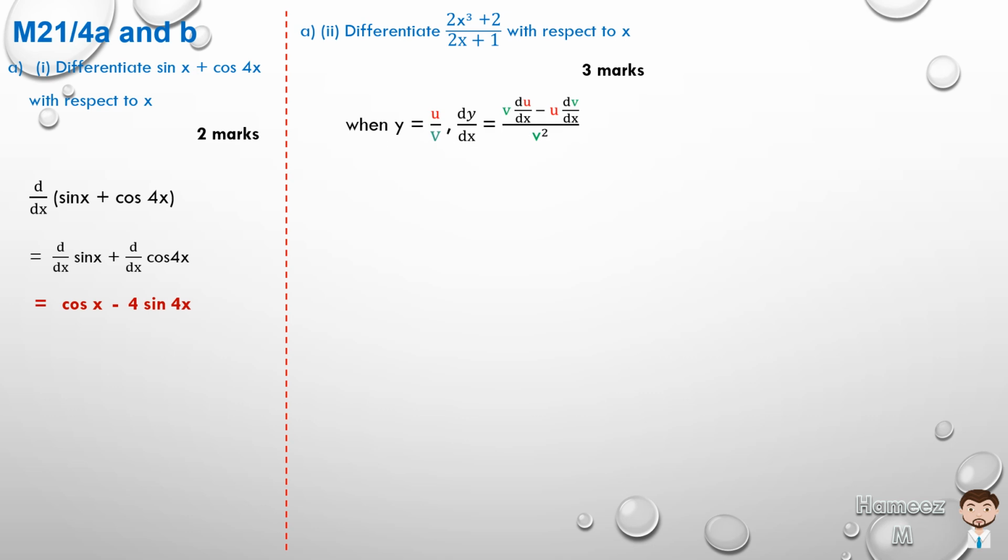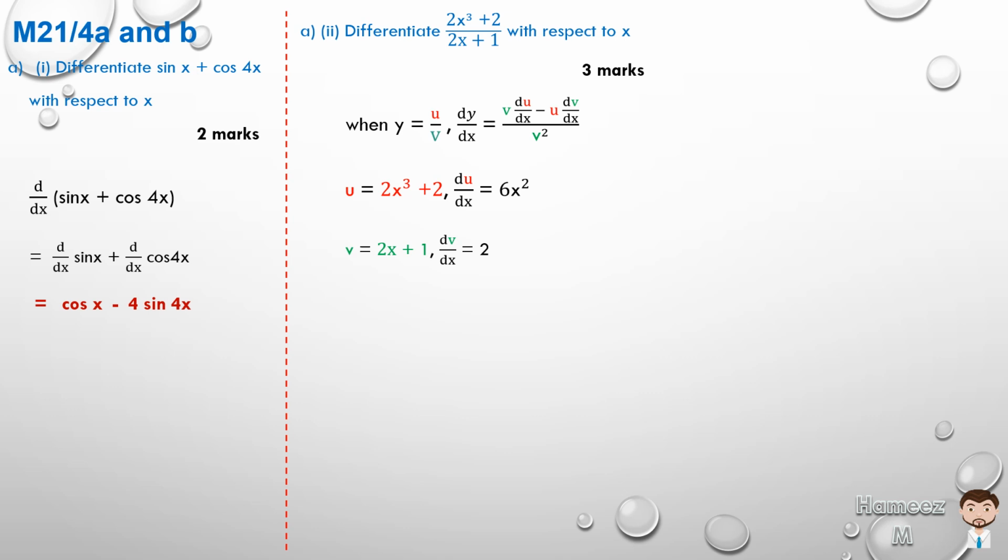And the quotient rule says that if we differentiate y with respect to x, where u and v are functions of x, that will give us (v du/dx - u dv/dx) all over v squared. And u will be the numerator, which is 2x cubed + 2, which means that du/dx, the differential of u, is 6x squared. And the denominator v is equal to 2x + 1. So the differential of that, dv/dx, is equal to 2.